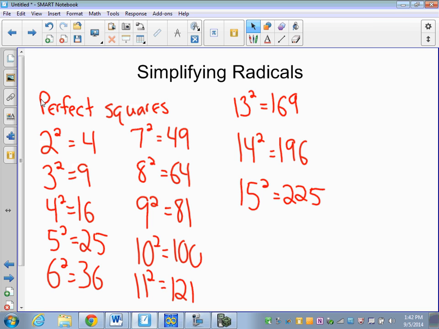So those are things that you should be familiar with in terms of perfect squares.